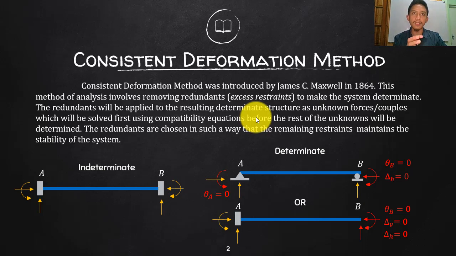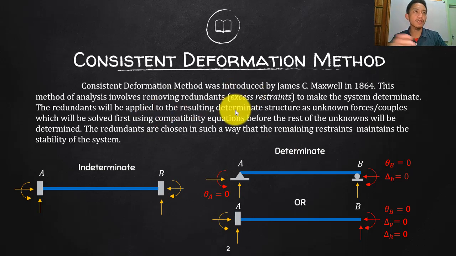And for us to solve these redundants, these unknown forces, using these compatibility equations, we then apply them as forces in your determinate structure, and then solve the remaining reactions or restraints using the equations of statics, the three equations of equilibrium. Okay, so that is how we will apply the consistent deformation method in analyzing an indeterminate structure.